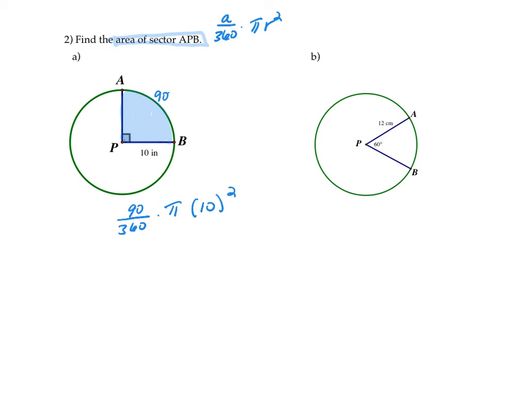And then it's all about simplifying, simplifying, simplifying. 90 over 360 reduces to 1/4. 10 squared is 100 times pi. And then if you multiply these two together, you could write it as 100 pi over 4. And that's going to simplify to 25 pi. And be careful, it's got to be inches squared because it's an area.